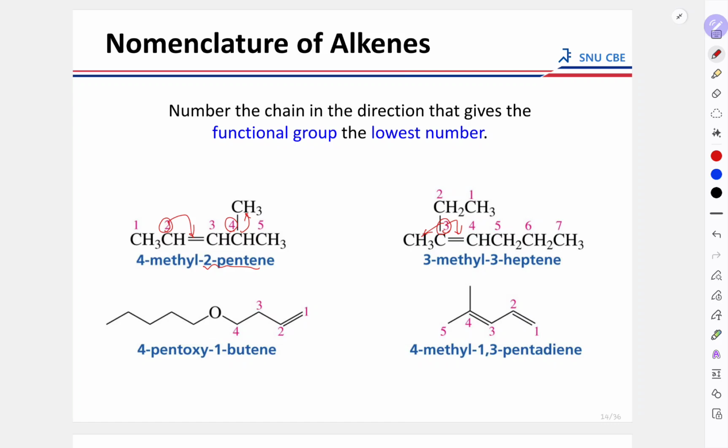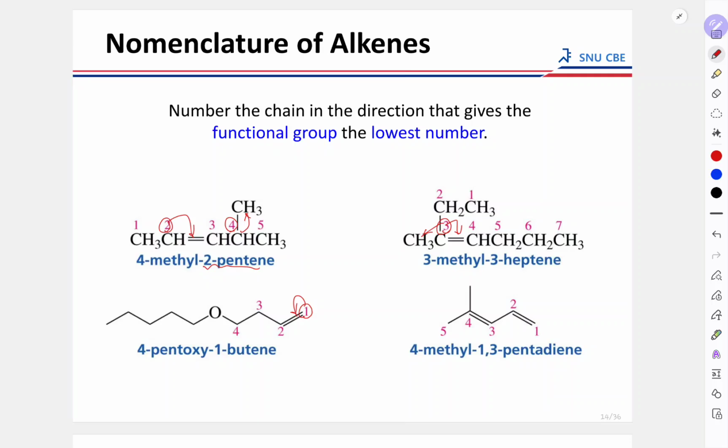We learned how to call out the ether. Ether is called out as an alkane with the alkoxy substituent. The same will apply here as well. You should first locate the alkene, and this has to be the main chain.